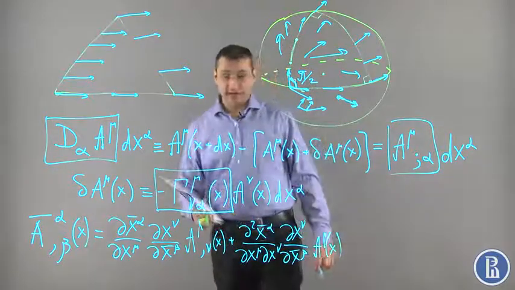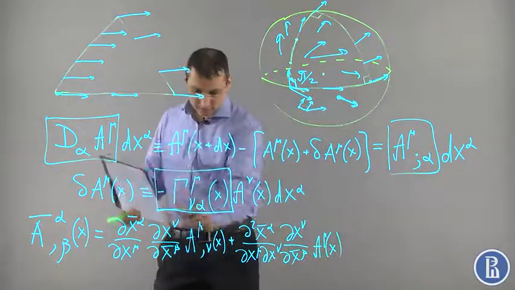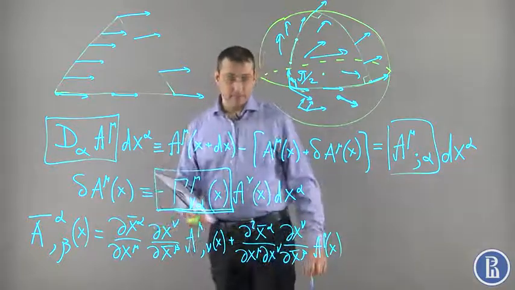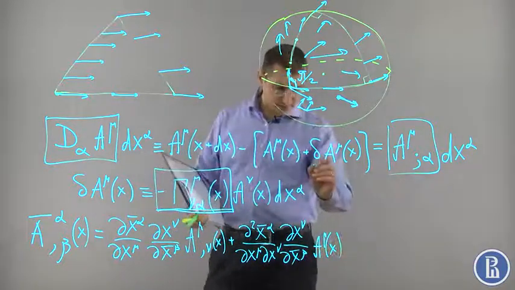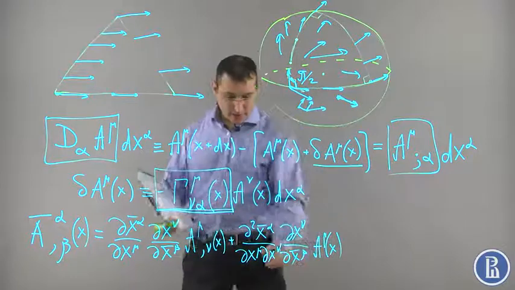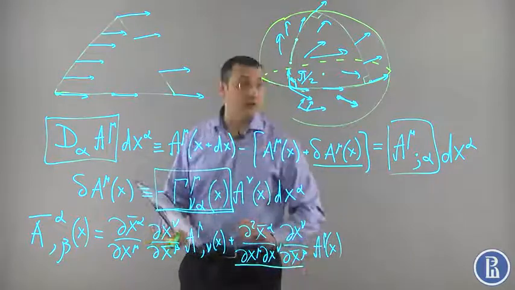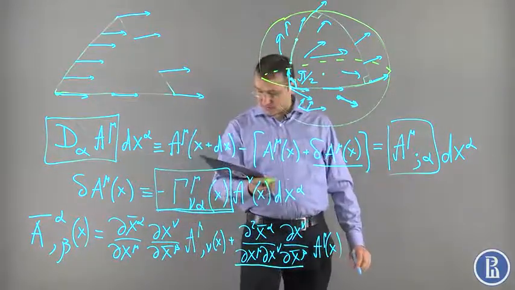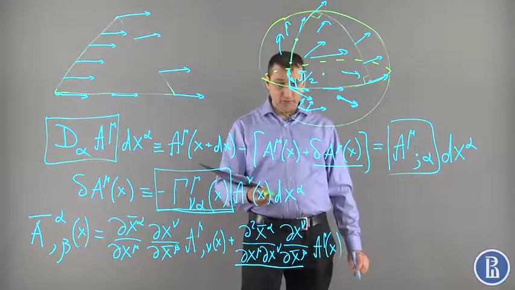So I have to define that this connection transforms such that we compensate this term here. As a result, this defines the transformation rule for gamma.